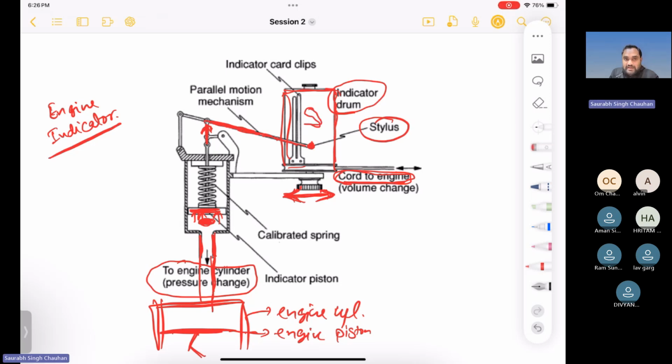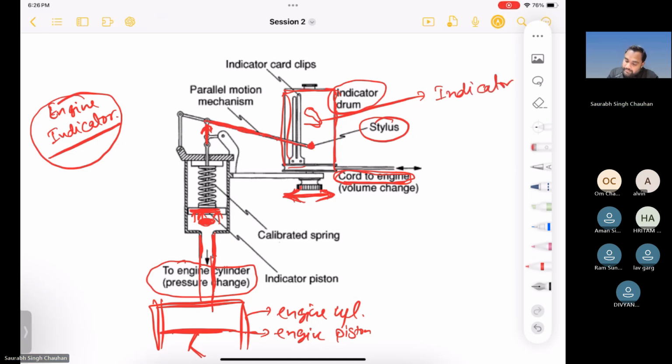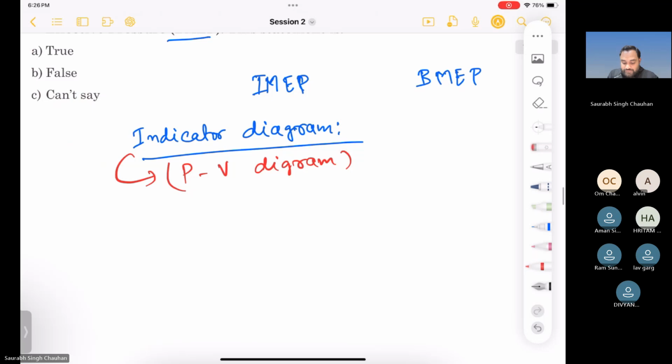Since this diagram is obtained by using this equipment which you call the engine indicator, this diagram was called the indicator diagram. This indicator diagram is nothing, it is just the PV diagram. This is the reason the PV diagram is also called the indicator diagram.